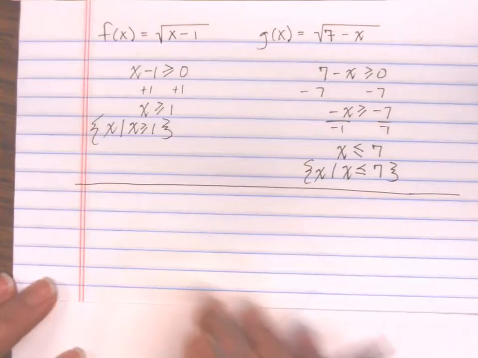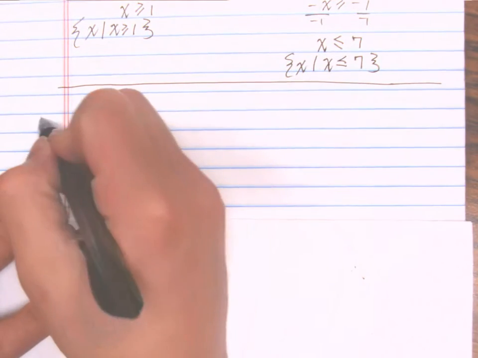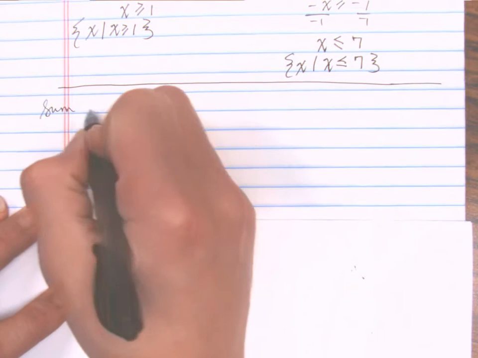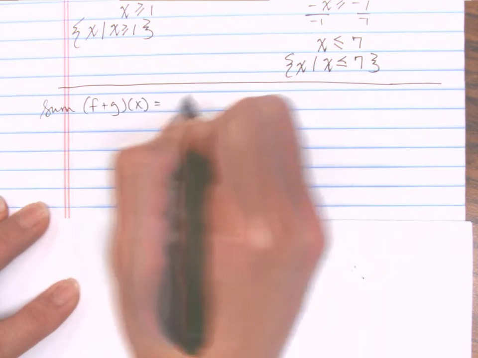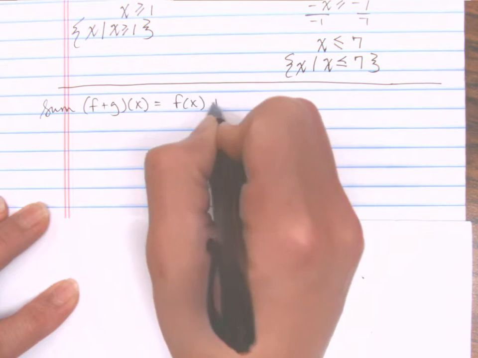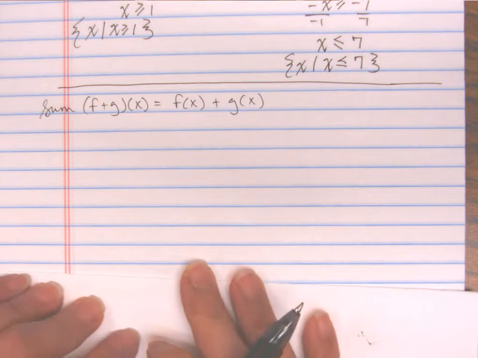Okay, so first let's find the sum of these functions. So I'm looking for f plus g of x. And remember, that was f of x plus g of x. Okay.